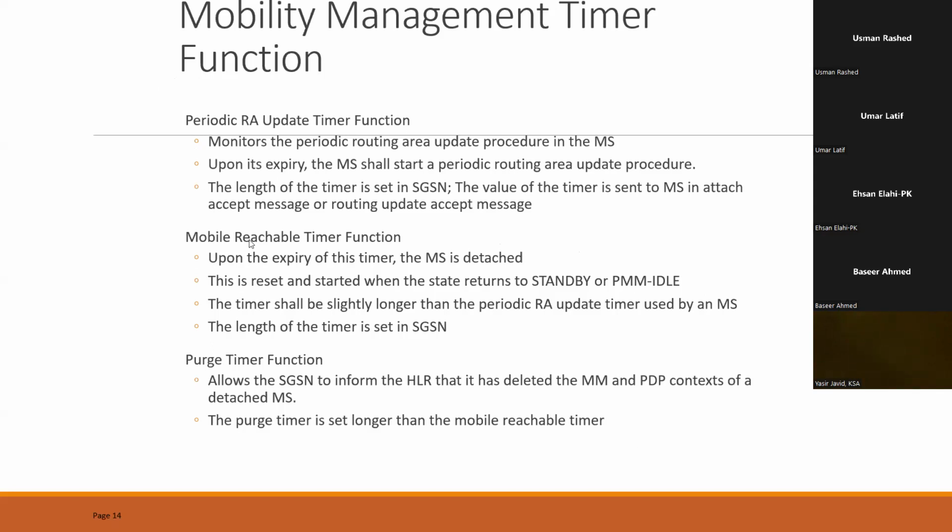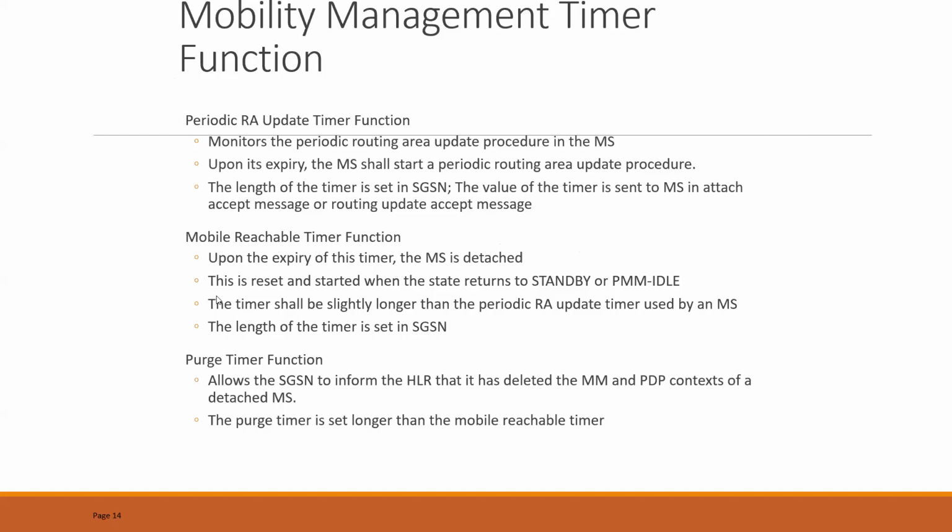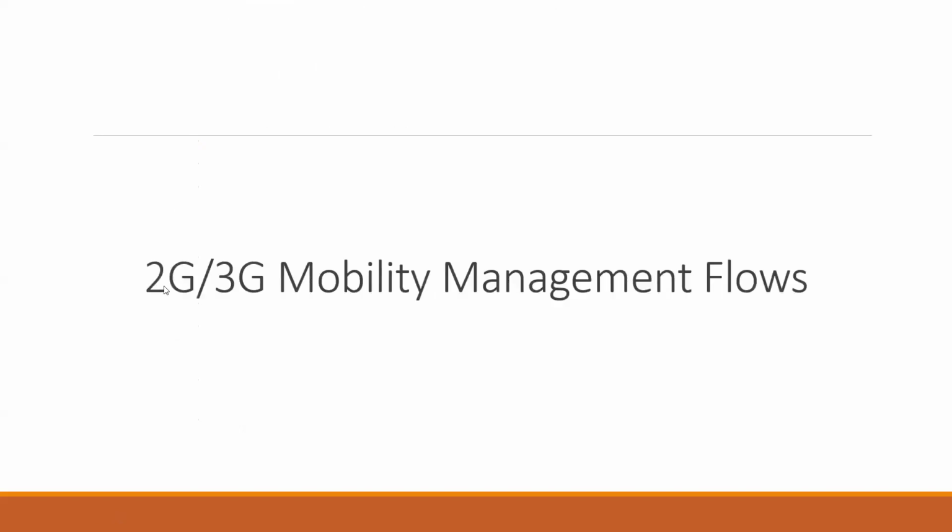There is the same mobile reachable timer in 4G as well, and there is the purge timer in 4G as well. There are some additional timers based on the additional flows, but the basic timers are the same. The tracking area update timer, I believe, is the same. It's configured as 54, the reachable timer is 58, and the purge timer is 24. But once again, this is something that is configurable.